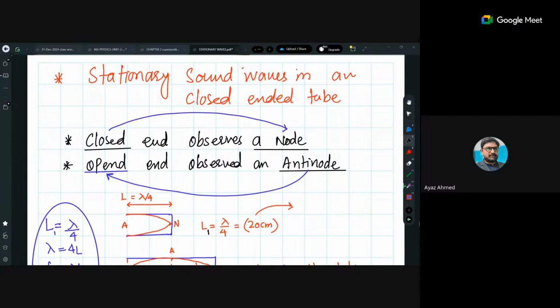Your wave's amplitude would be cancelled out, the displacement will be zero. So in this situation, a node is observed at the closed end and an antinode is observed at the open end.